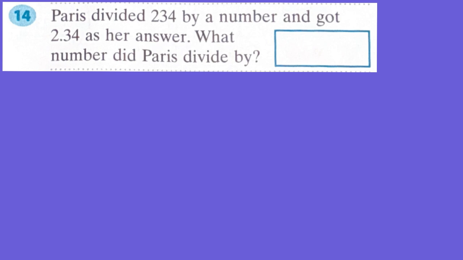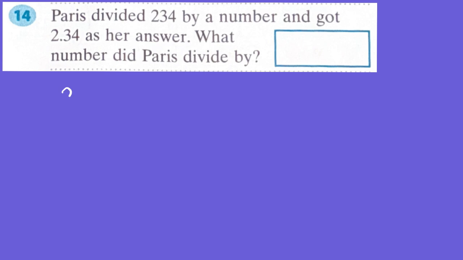In this question, Paris divided 234 by a number and got 2.34 as her answer. What number did Paris divide by? Did you notice that the difference between the two is that this number is 234 and the number that she got was 2.34.